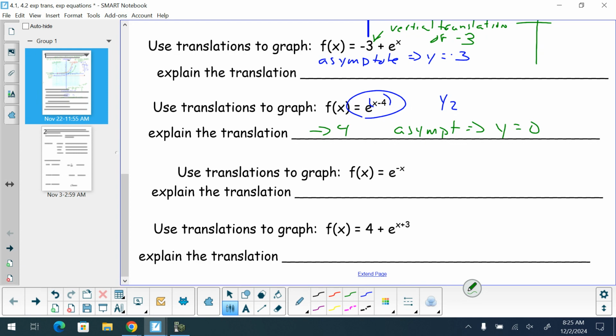What do we have with this one? Goes the other way. So what do we have in regards to a reflection? So we are reflecting about the y-axis.